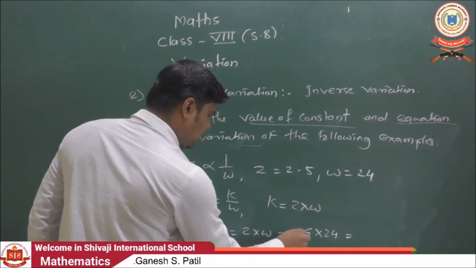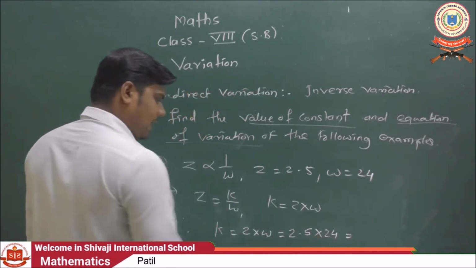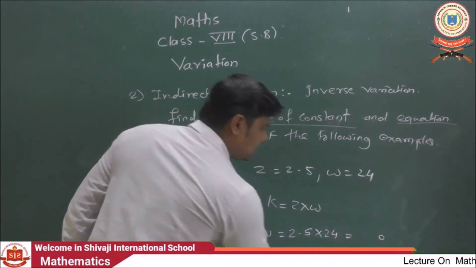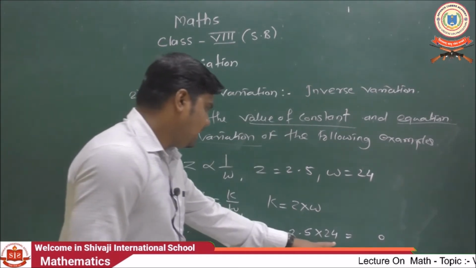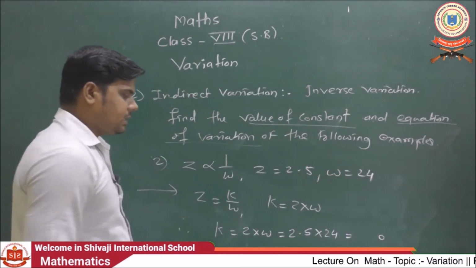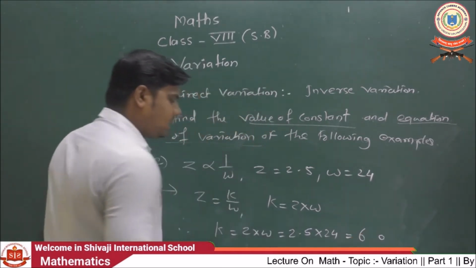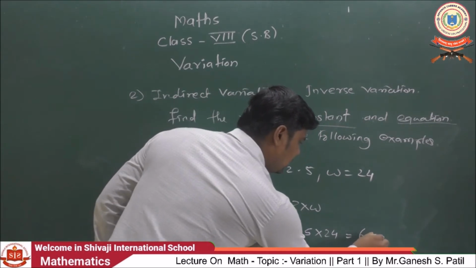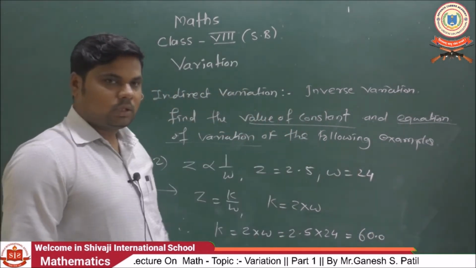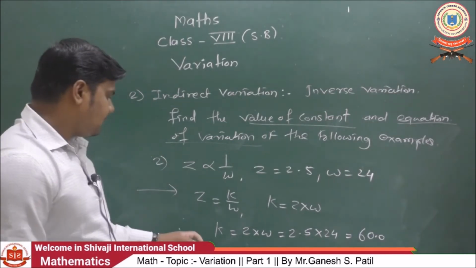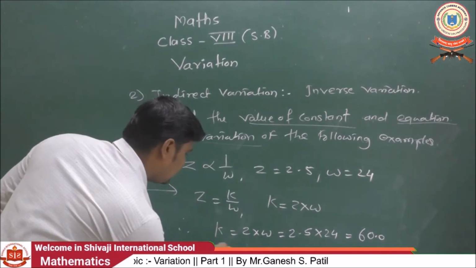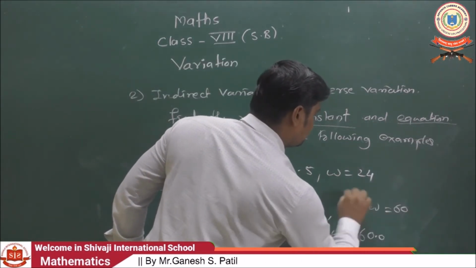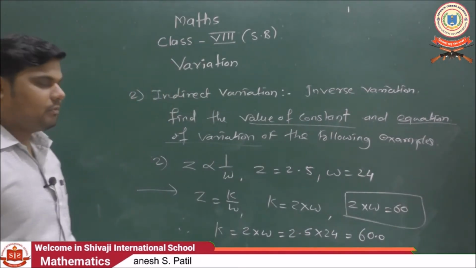You just do the multiplication. 24 times 5 is 120, 0 and carry 12. 2 times 2 is 4, 4 plus 12 is 16, and leave one digit from the left side of the number. Then K is again 60. Then the equation of variation is Z into W is equal to 60.